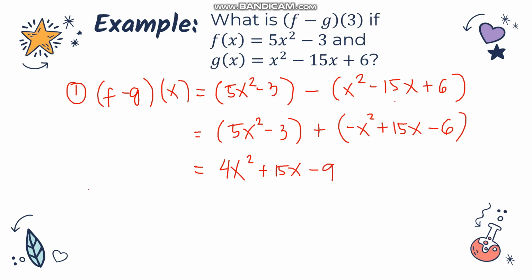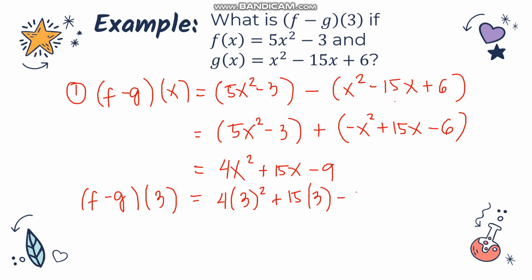Now after that, we will substitute the given value, which is 3, and evaluate the function. So 4 times 3 squared plus 15 times 3 minus 9. So this is now 4 times 9 plus 45 minus 9.